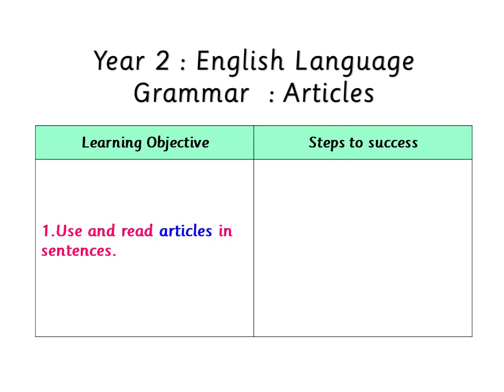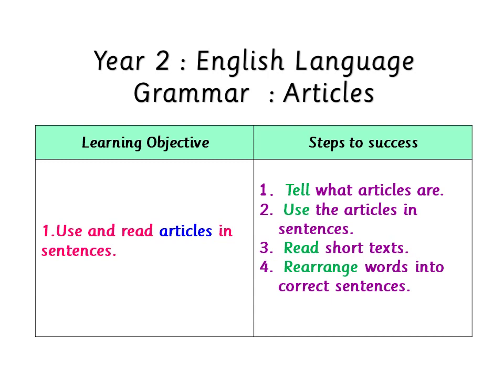Year 2 English Language Grammar on Articles. Our learning objective for today's lesson is to use and read articles in sentences. Our steps to success are: first, you are going to tell what articles are.